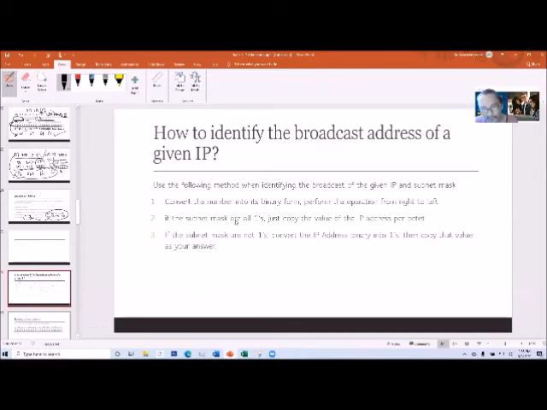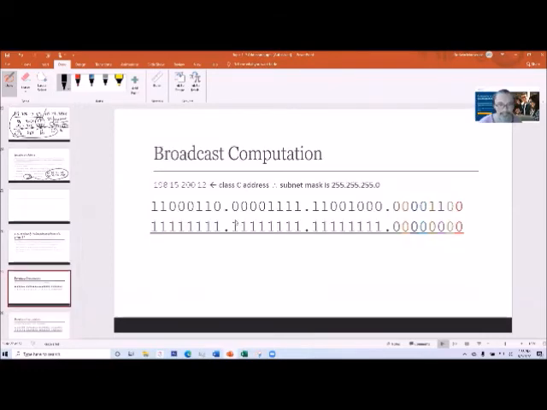If the subnet mask bits are all ones, copy. That's what we did a while ago. And if the subnet mask bits are 0, convert the IP address binary bits into ones, then copy that value as your answer.